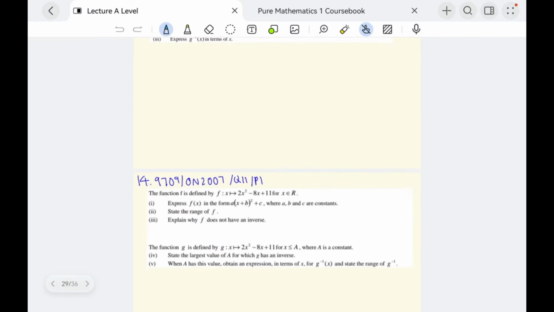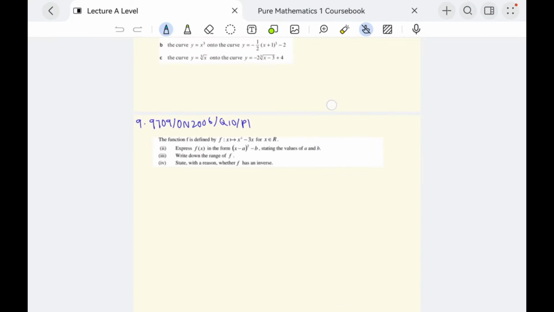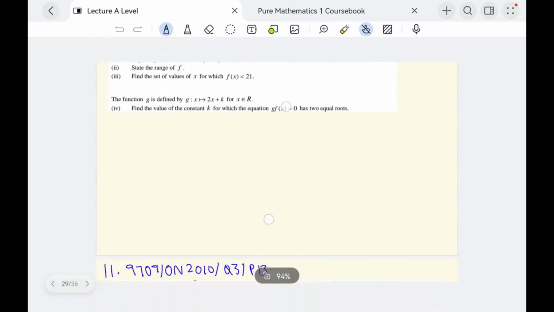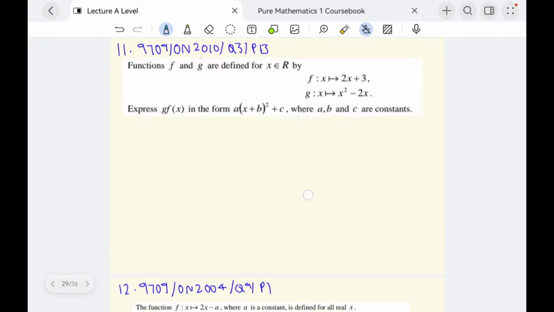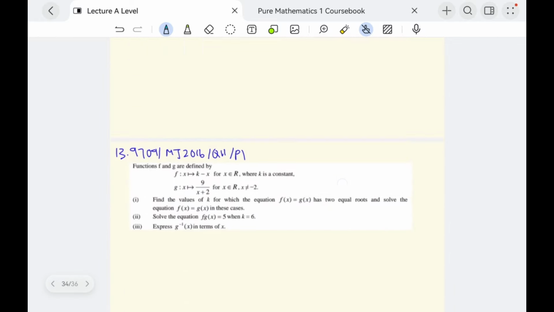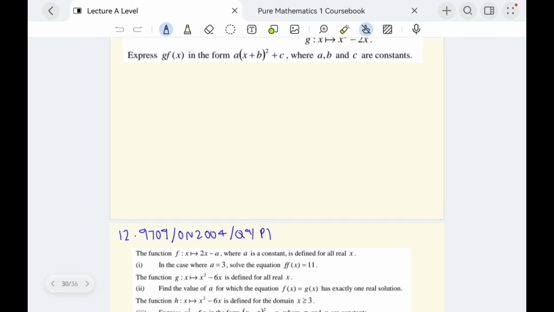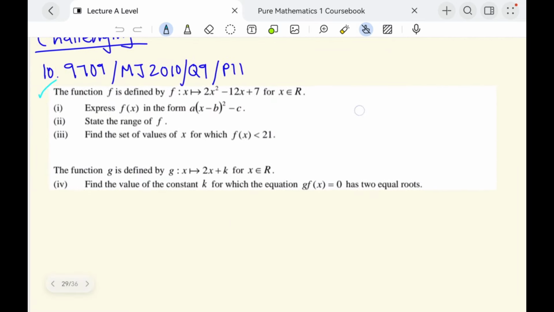So for the rest of the 8 questions, I will only discuss question 10 and question 15, and the rest of the past paper questions you need to try out by yourself. Okay, so let's take a look at question 10. This is the 9709 May/June 2010 paper 11 question 9. Okay, so let's take a look at the question.